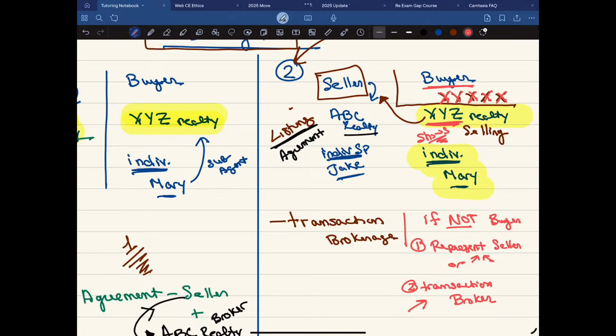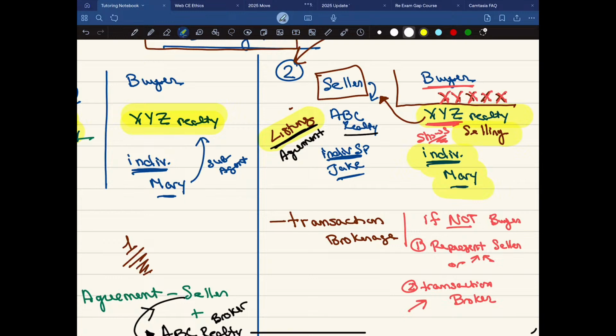But generally, in the states where people are asking me this question, if the seller has one agent that's listing the property and another agent that sold the property, then that makes XYZ a second seller's agent.